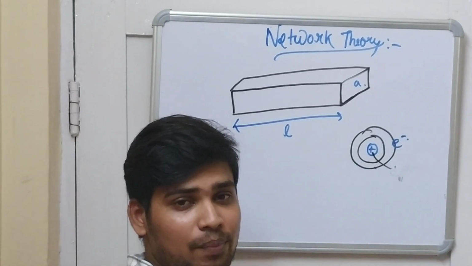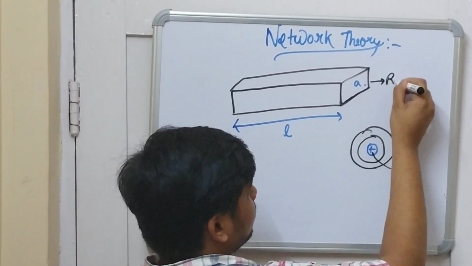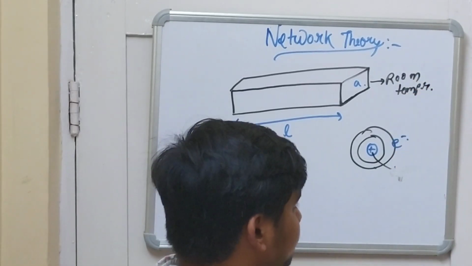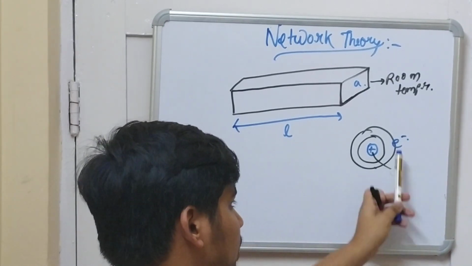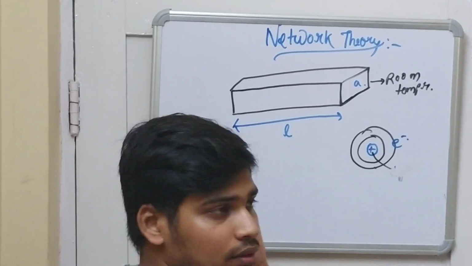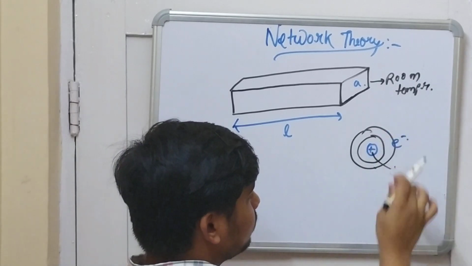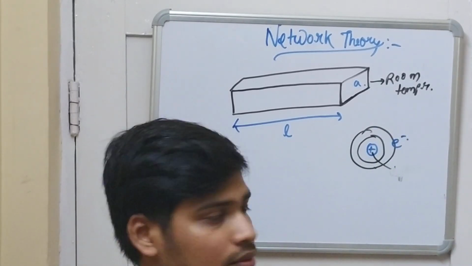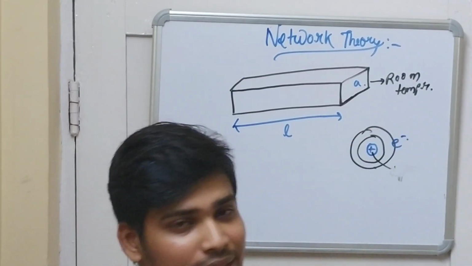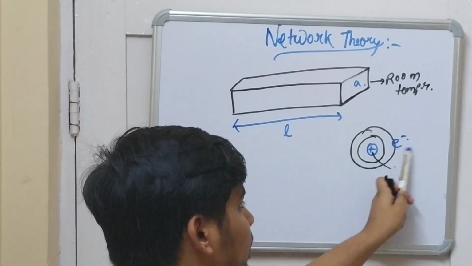As soon as this iron rod comes in contact with the room temperature, this electron will get some energy, and due to that energy it will break from the nucleus. The bond between the nucleus and the valence electron will break, and it will become free.